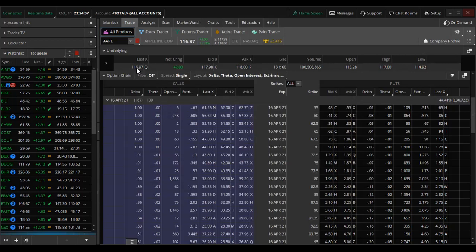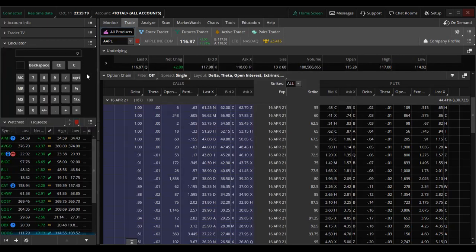So if the stock has a 44.41% implied volatility, that means that it has a $30.72 range up or down from the 116.97 price of the stock.